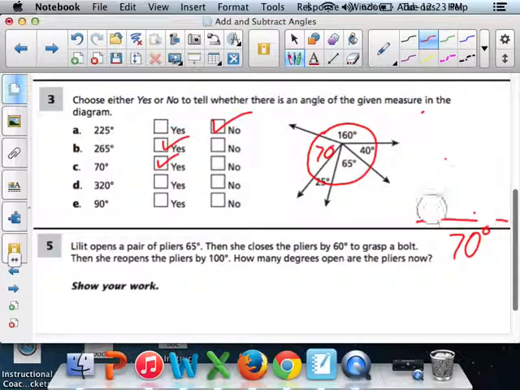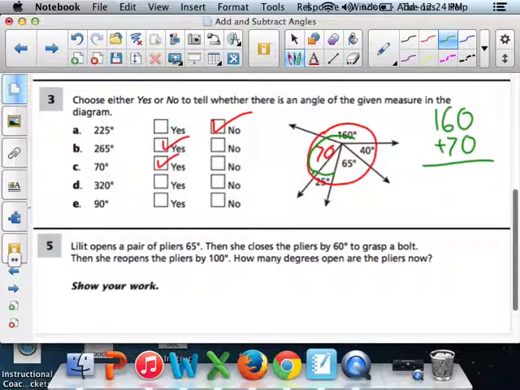How about 320? Can we make 320? No, you don't know yet. Let me use a different color. 160 plus 70 is 230. Plus 25 is 255. No. Plus 65 is... You're going too quick. All right, let's do it slower. 160 plus 70 equals 230.